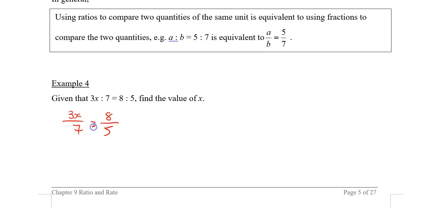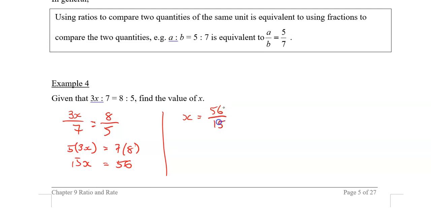In this case, we can do a cross multiplication. 5 times 3x equals 7 times 8, so 15x equals 56. To find the value of x, we take 56 divided by 15. If you use a calculator, you will get your exact answer. x is 3 11 over 15.